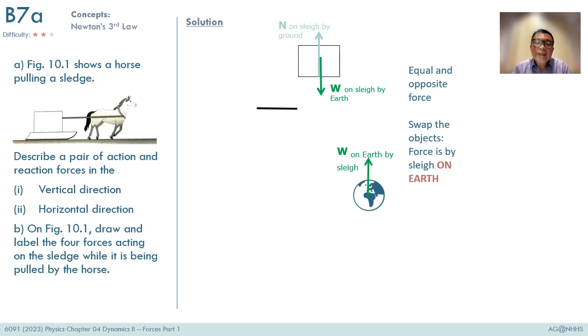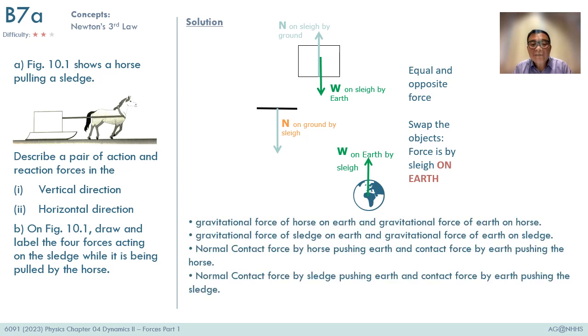And same technique, reverse the direction of the arrow and then swap the objects. I will draw a downward arrow and swap the objects. Instead of on sleigh by ground, it will now be on ground by sleigh. So therefore, the object will be on the ground itself. And there you go, we have now identified two pairs of forces.